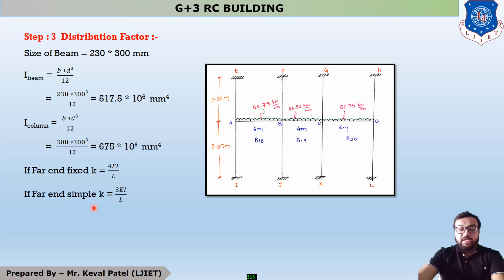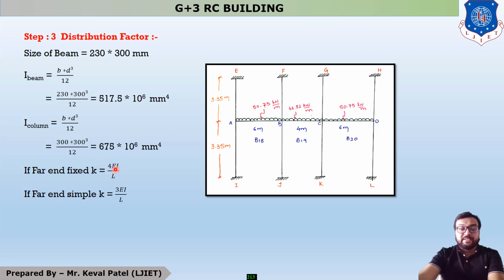Okay, so in this example, your far end is always a fixed end, so you have to prefer 4EI upon L, in which 4 always remains constant, because the equation of distribution factor is K upon summation of K. It means you have to sum all these values: 4EI by L plus 4EI by L plus 4EI by L, divided by 4EI by L. So your 4 always remains constant.